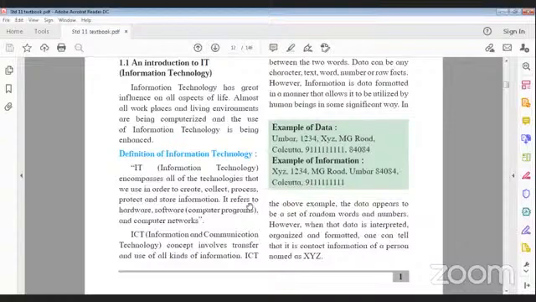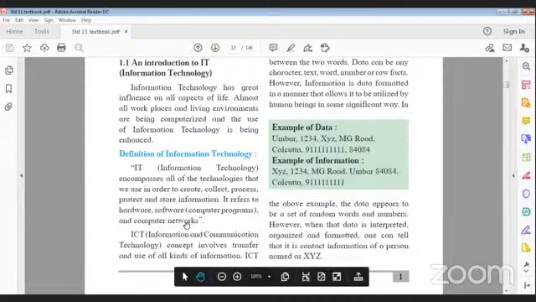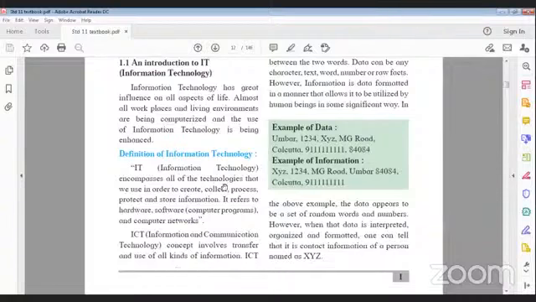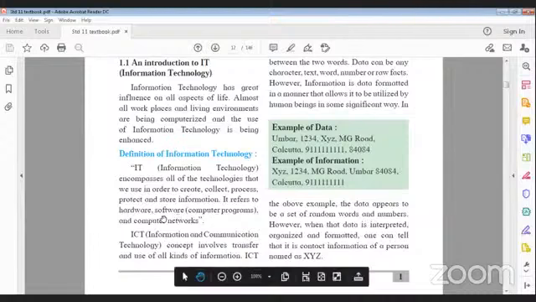Okay, so moving on, it also refers to hardware, software, and computer networks. Now they have just mentioned this word technologies. It encompasses all of the technologies. But does technologies only mean software? No, IT includes hardware aspects also. It includes software, that is computer programs, and it also includes network.